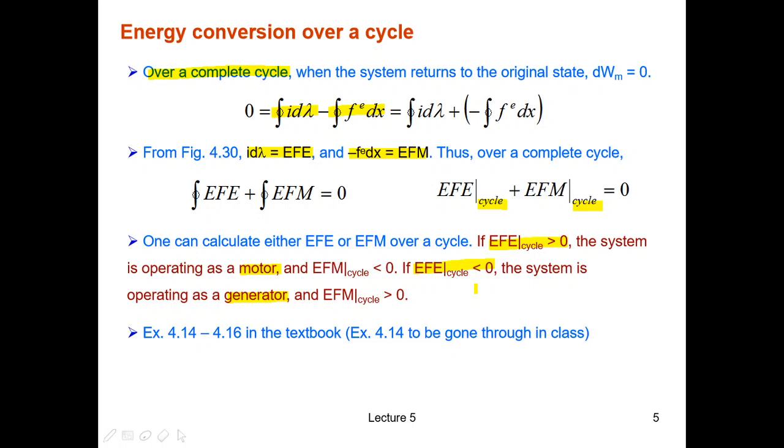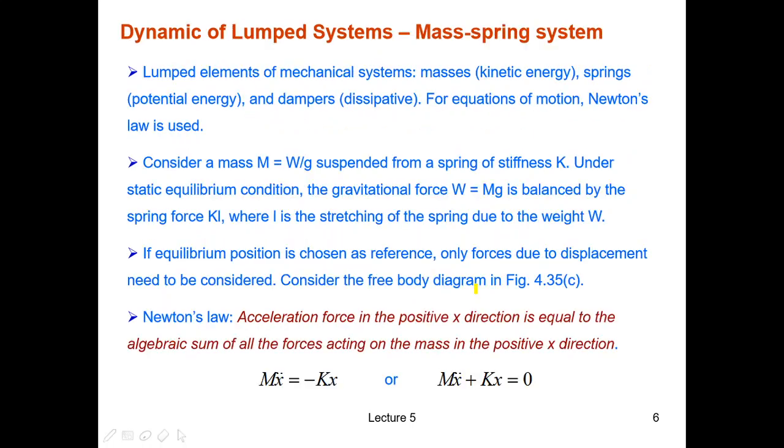And now if EFE is negative, it means that our system is not consuming electrical energy, it's generating electrical energy from mechanical energy, and therefore it is operating as a generator. Okay, so that's the first part of our lecture.